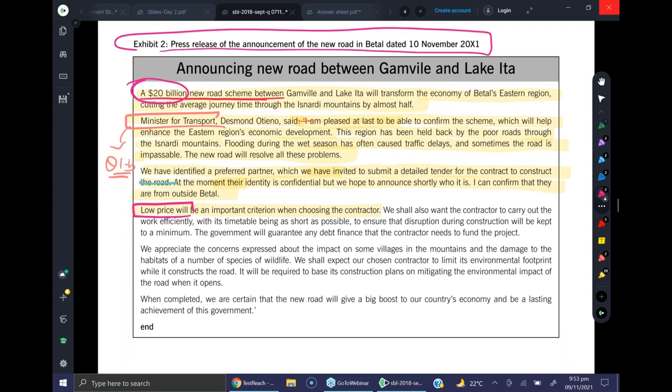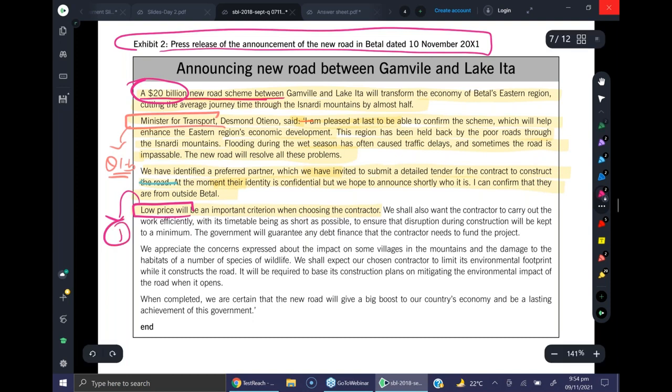We will be hiring machinery, etc. So more days means more cost for that. So a lot of aspects can go wrong. So low price might be difficult to achieve. So that's difficulty number 1 we have to talk about.